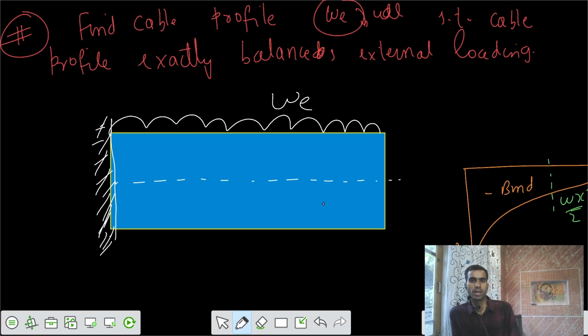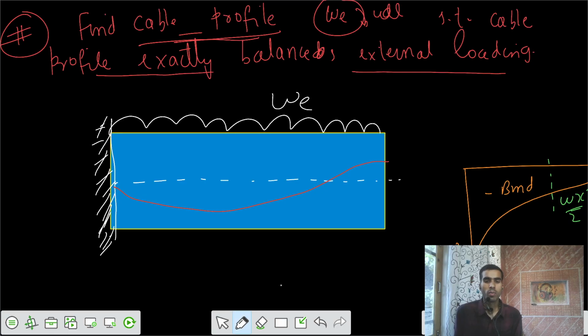What does that mean? That means in this beam there should be some profile of the cable, such that the profile is balancing the external loadings.